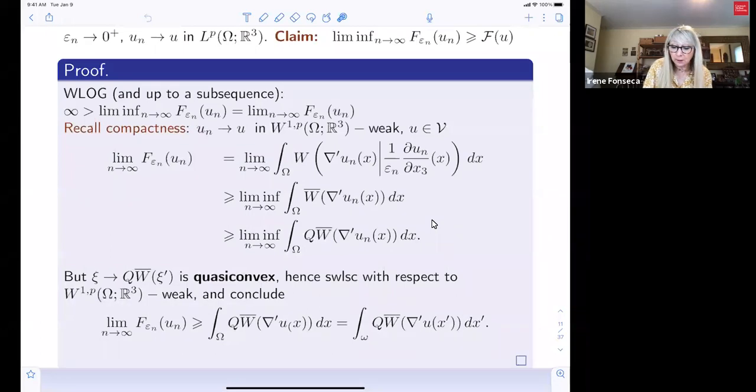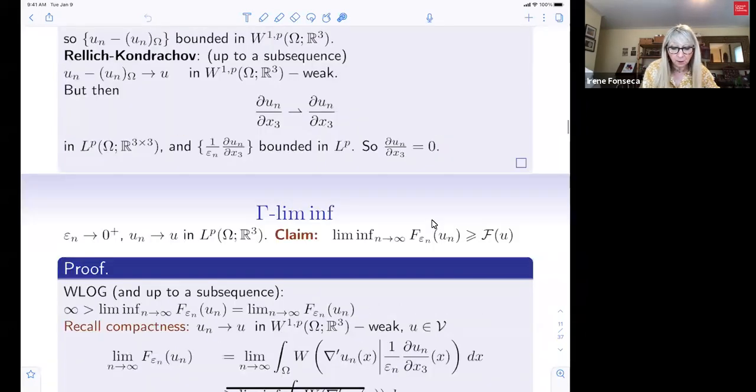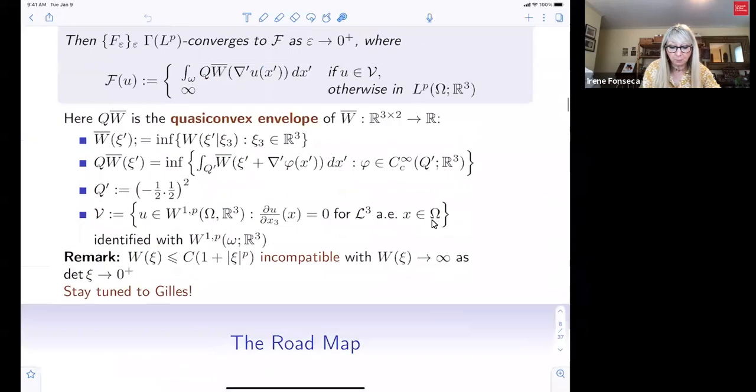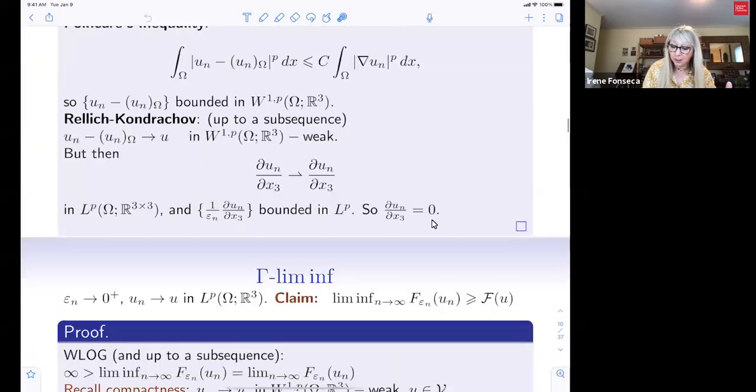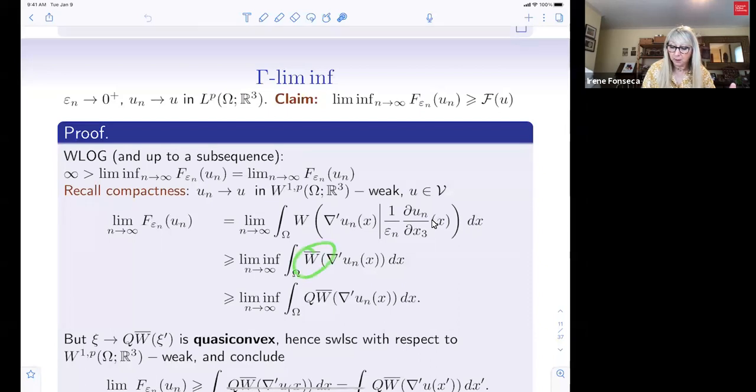So, okay, then this is the limit. On the other hand, remember that the W bar was obtained by minimizing over anything that you put here, right? That was my W bar, which was up there. So in particular, I go down this way with W bar. The quasi-convex envelope, by definition, is always below the function. So you go down, right?